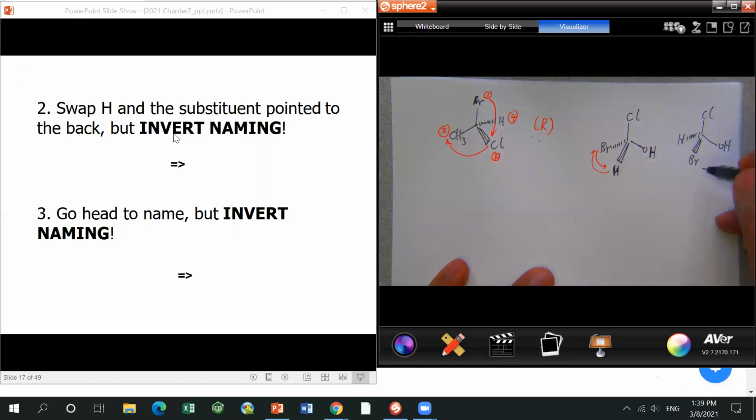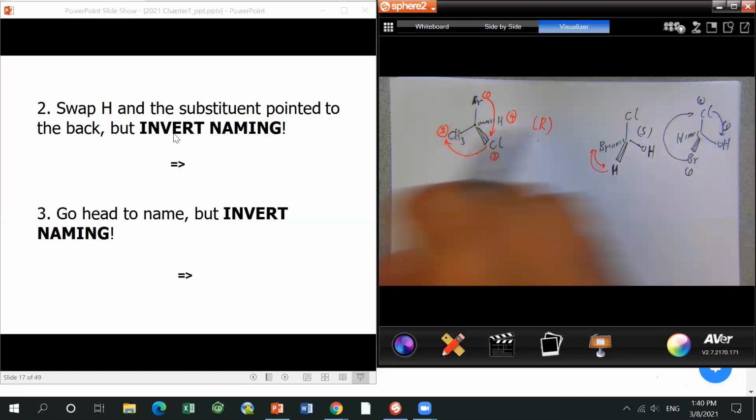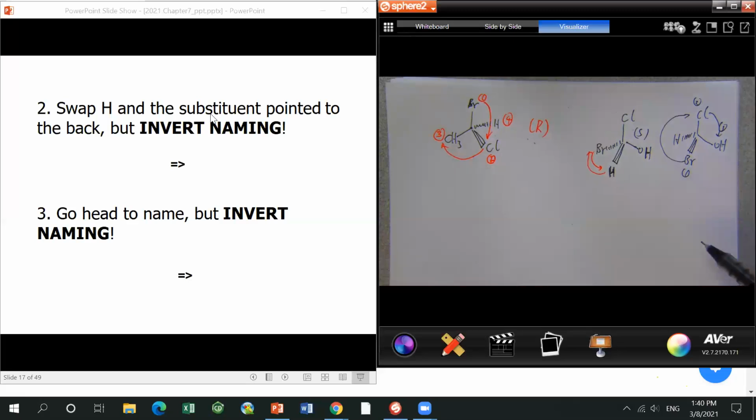If we assign R and S, 1, 2, 3 looks clockwise, but because this is the mirror image, the real assignment for the original molecule should be S. That's why you invert the naming. With two enantiomers, one is R and the other has to be S, so you need to give the opposite name.